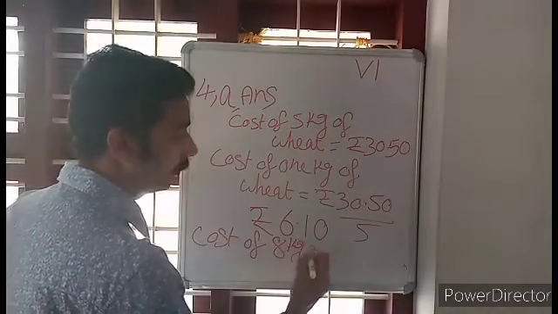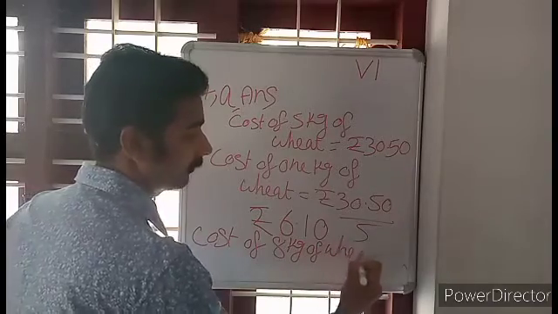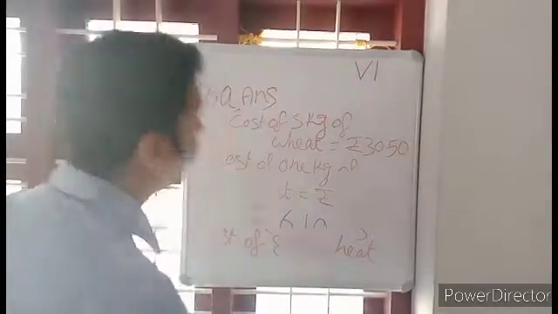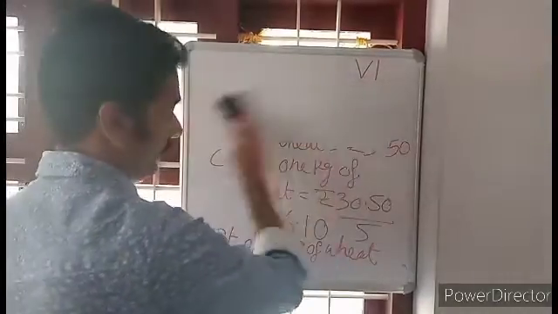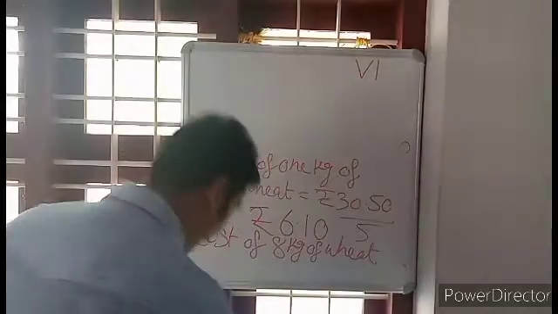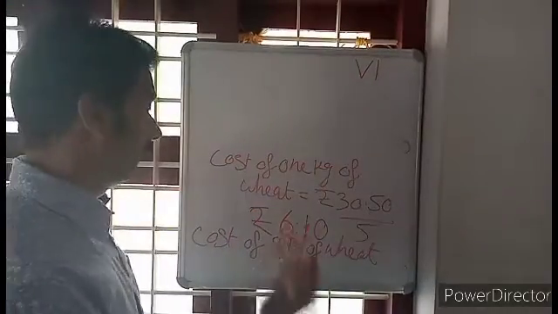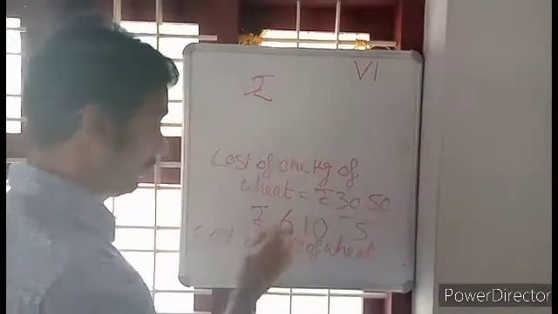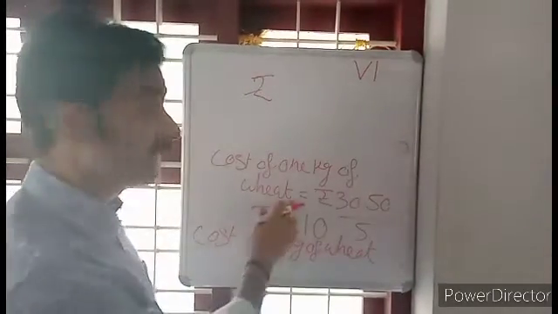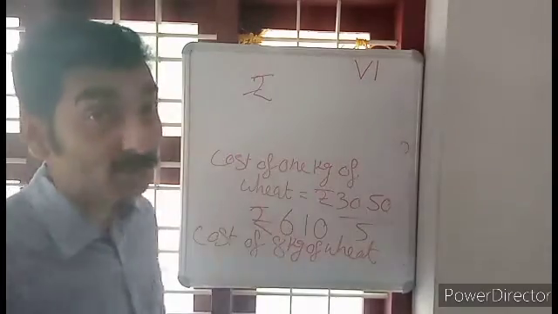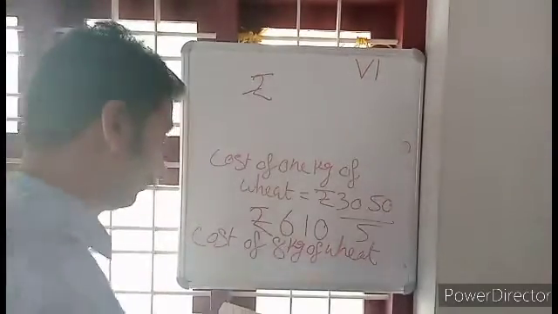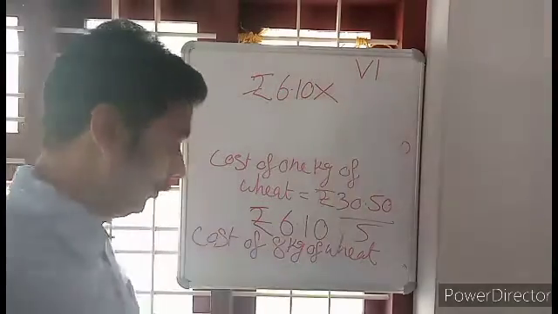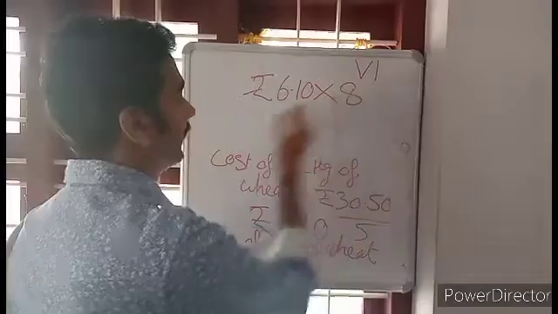Then the cost of 8 kg of wheat. We have the cost of 1 kg, which is 6.10. The cost of 8 kg means rupees 6.10 into 8.